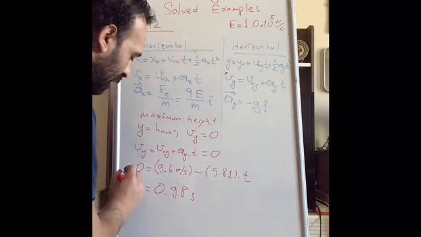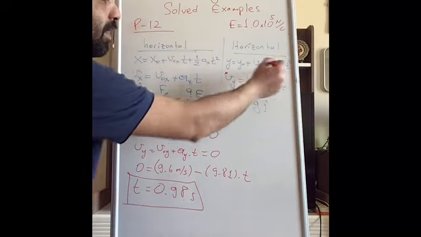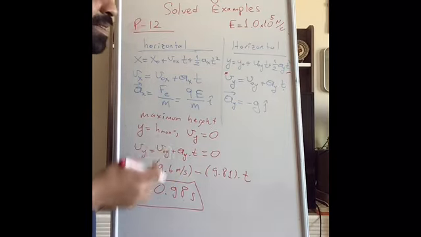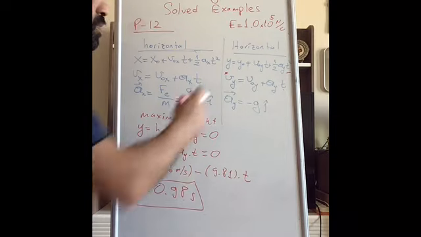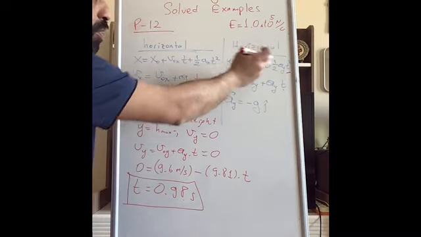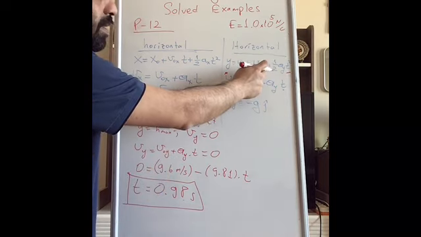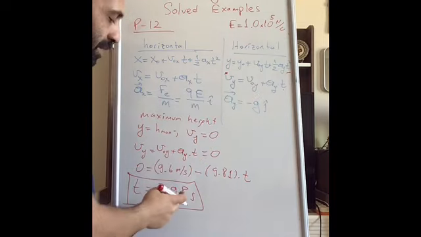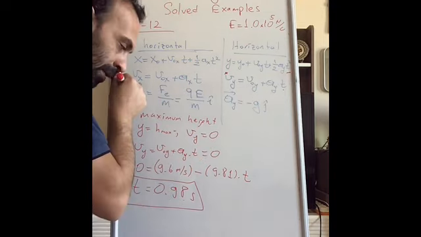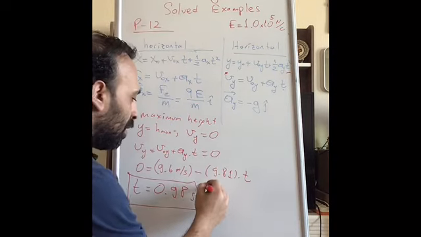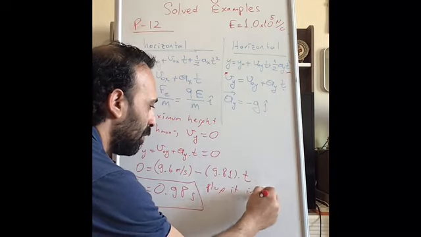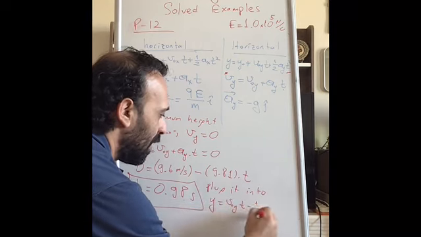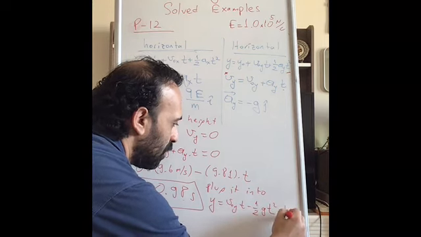If you use your calculator, you will find the time is 0.98 seconds. So if you plug this into this equation, forget about y0, we can assume the shooting point is at the origin, so y0 will be equal to 0. You know the y component of the initial velocity, the time we just calculated, and the acceleration. If you plug it into y equals v0y times t minus 1/2 g t squared, that equals h max.